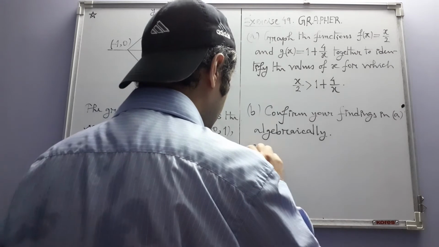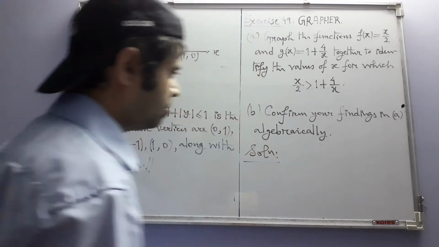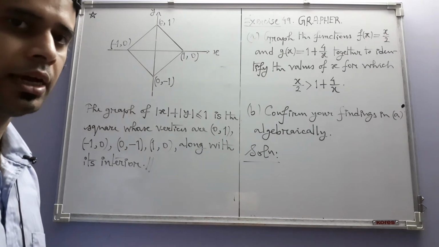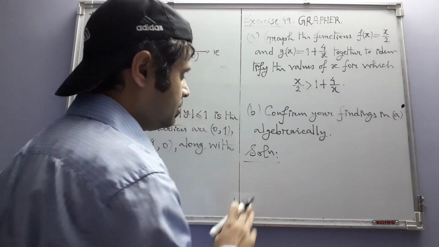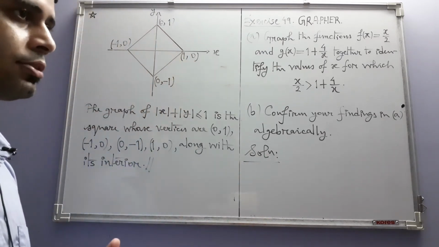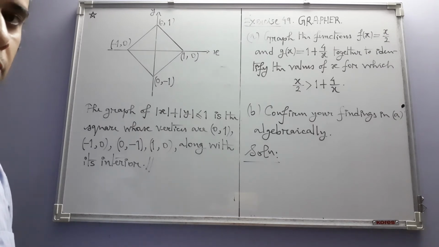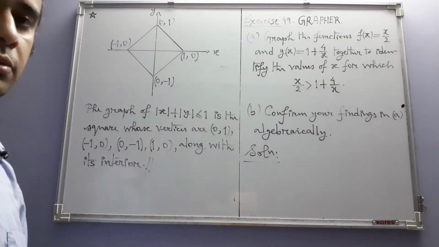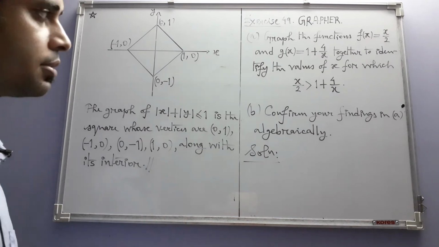Okay, so now if you don't have a graphing calculator, which I am sure most of us don't have, then you may be tempted to actually draw the graph on a graph paper, which you can do. Of course, you can make tables and draw graphs of these functions, normally how you would draw graphs.